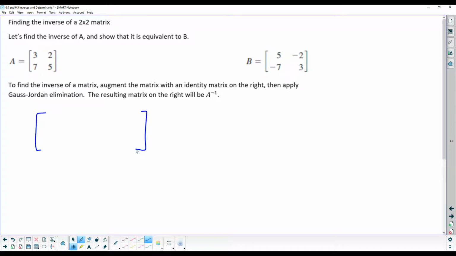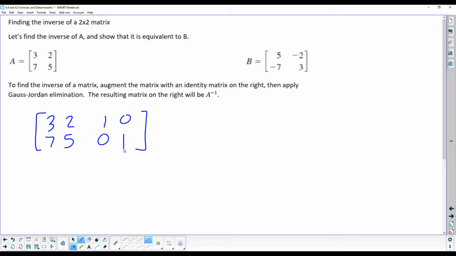So what you do is you augment your matrix with an identity matrix. So that means we're going to make a little bit bigger matrix. We're going to have the thing that we want to find the inverse of, but we're also going to put an identity matrix of the same size next to it. So we've created this matrix that's sort of twice as long as the original matrix. And to find the inverse, what you do is you do row operations until you've migrated the identity matrix here, and what's left here is going to be the inverse.